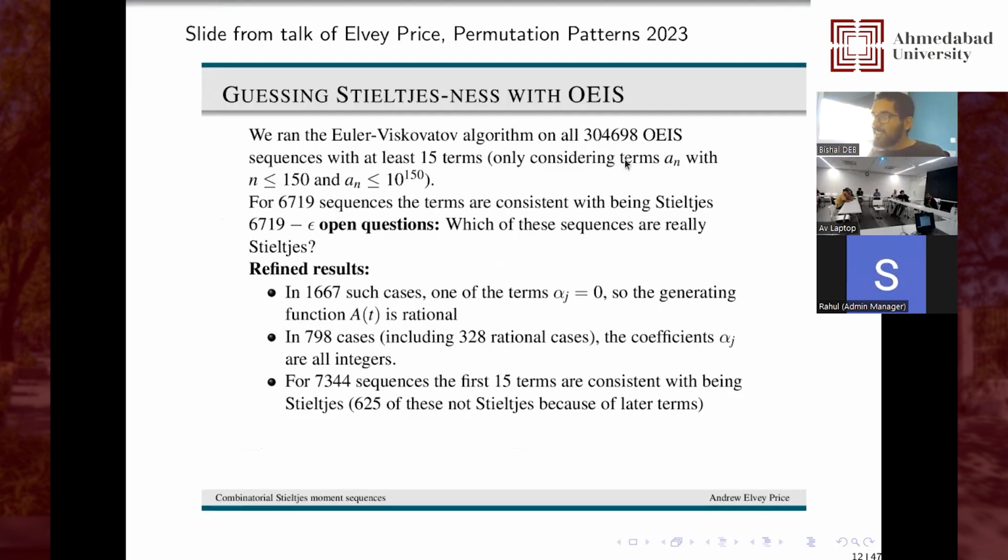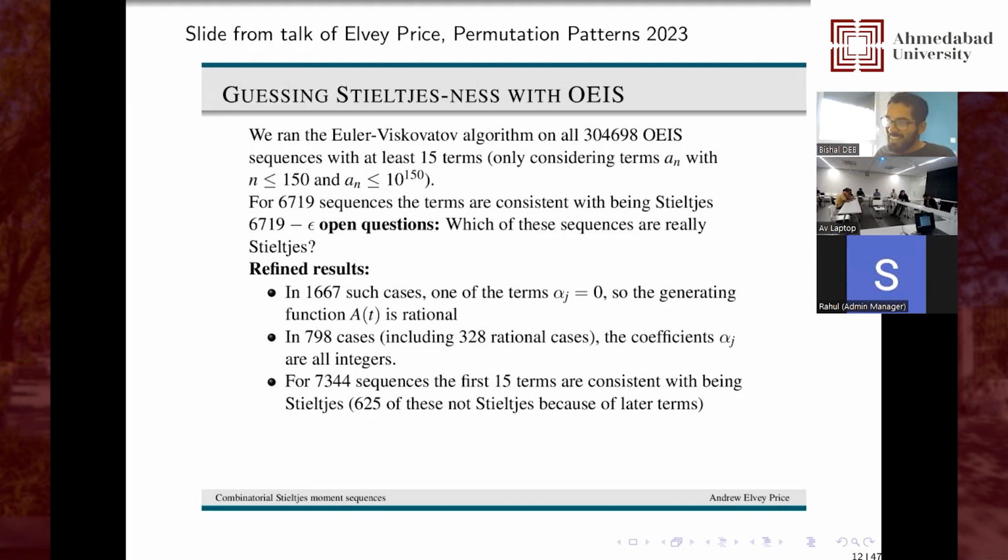And in fact, what Andrew Price did was he downloaded the entire website called the Online Encyclopedia of Integer Sequences. He ran this algorithm on all the sequences on the Online Encyclopedia of Integer Sequences. And he found 6,719 conjectures, minus epsilon, because some of them are solved.